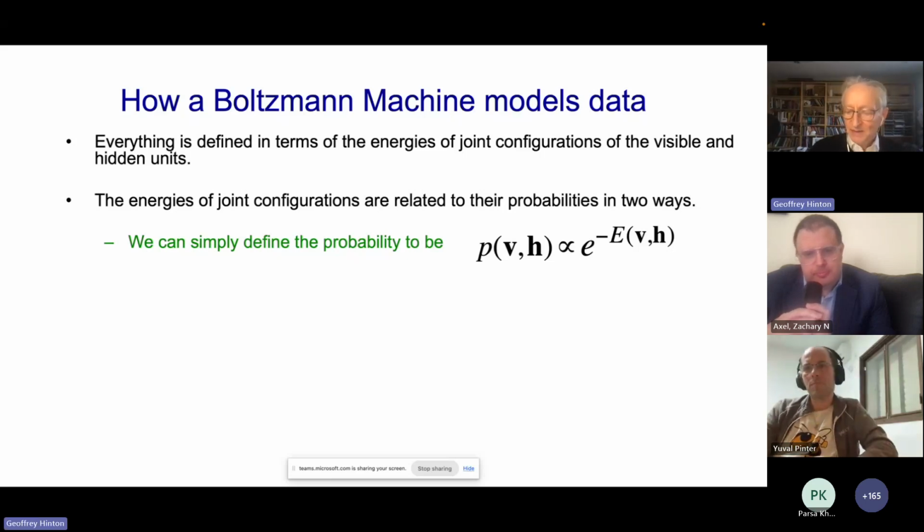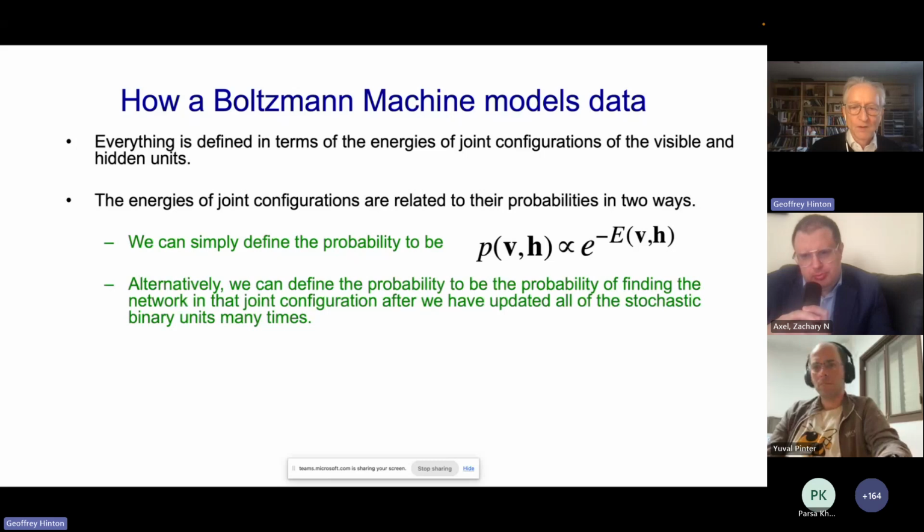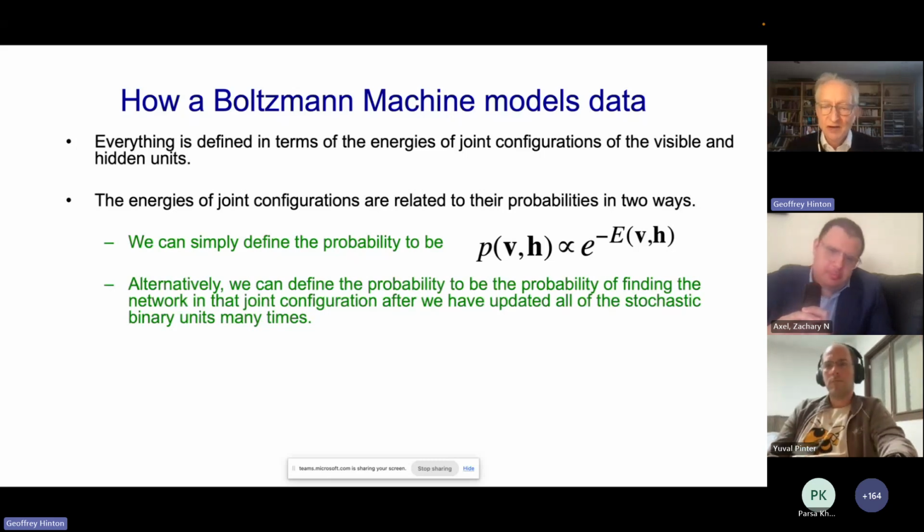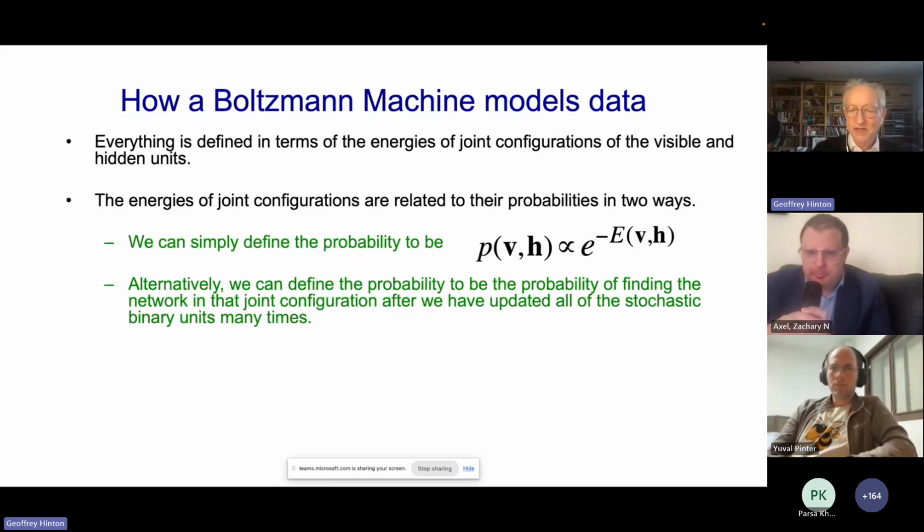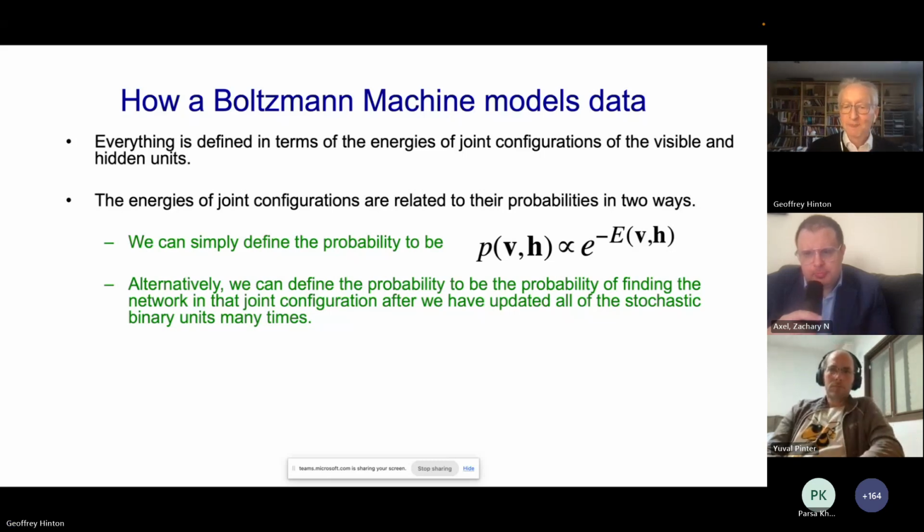There's another way of thinking about the probability. Take this Boltzmann machine and start updating the units stochastically. You're updating all of the units, the visible ones and the hidden ones. There's no data you're putting in. You're just letting the Boltzmann machine dream, if you like, or generate.